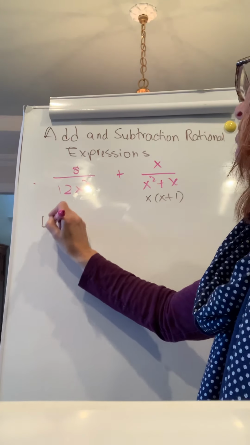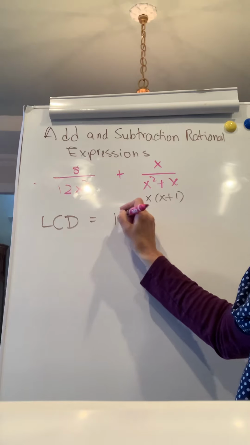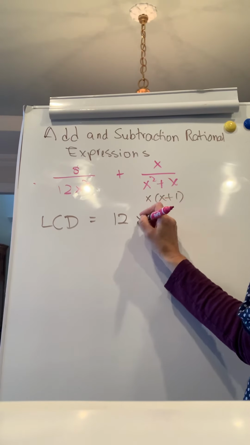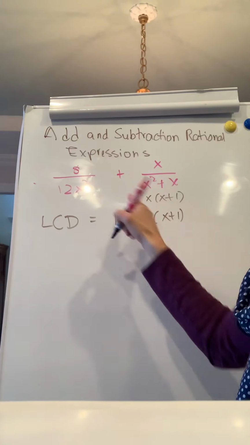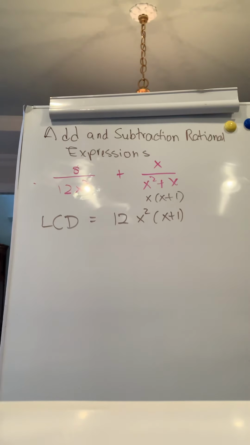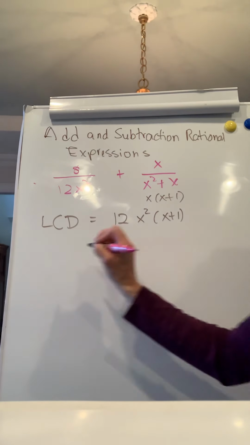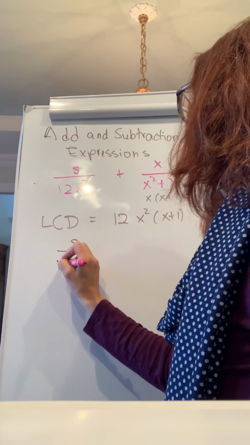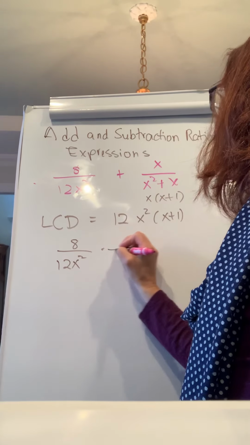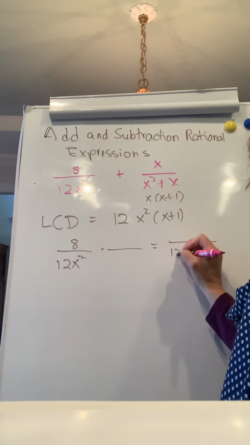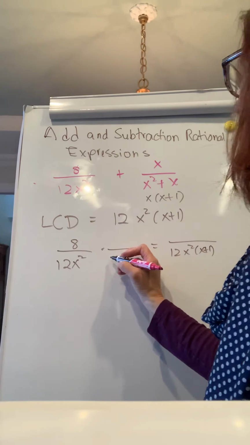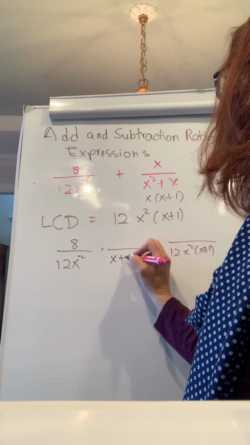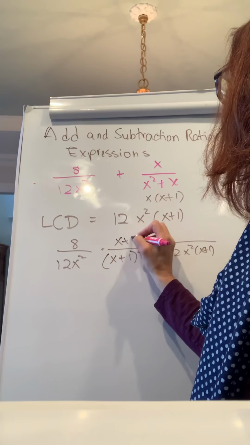So my least common denominator is going to be 12. Has to have a factor of an x, has to have x plus 1. The largest power of the x here is squared. So I need to have 12x squared times x plus 1 as my common denominator. So for this first fraction, I just need to multiply by x plus 1.